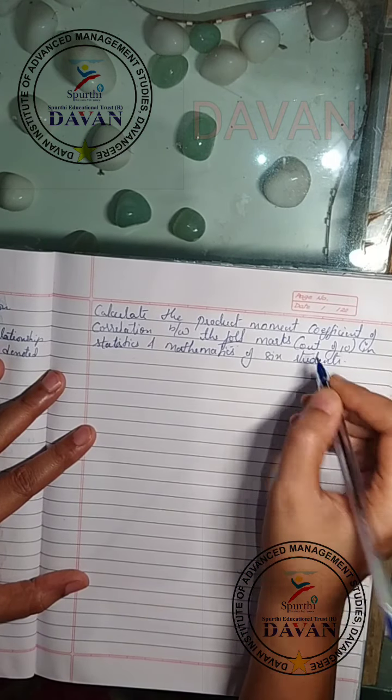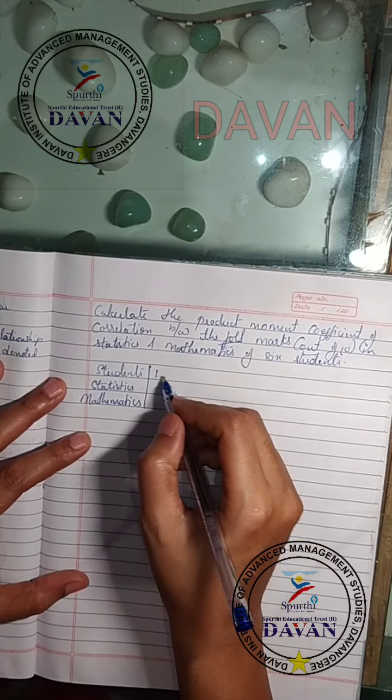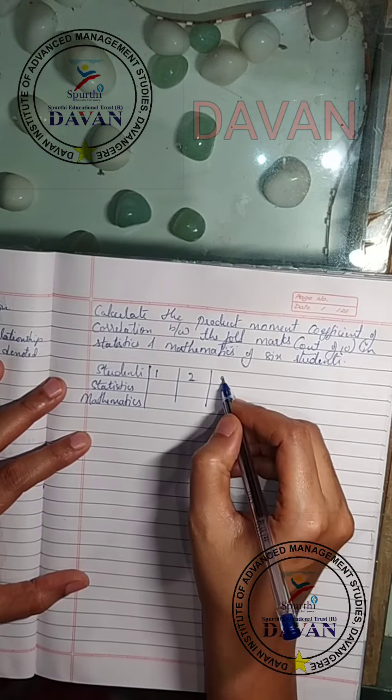So this is the statistics marks, and this is the mathematics marks, which is out of 10. So we have 6 students. This table is given in the question itself.